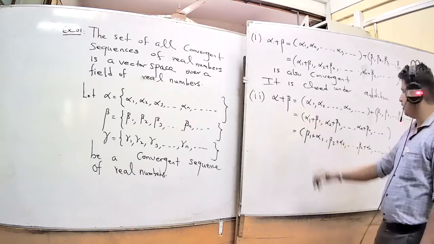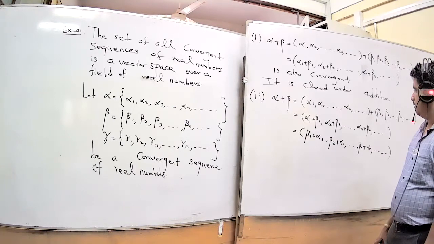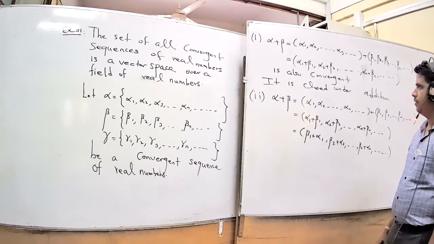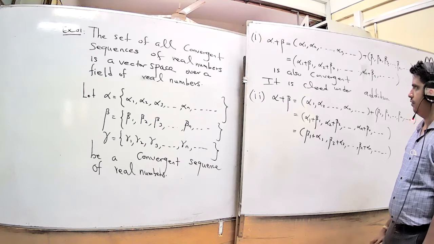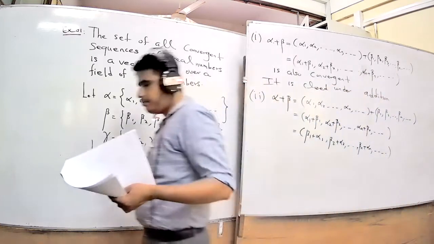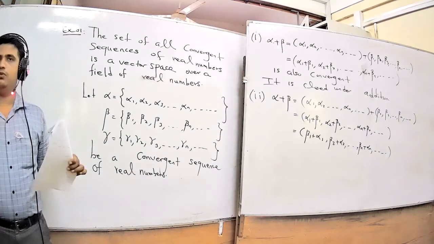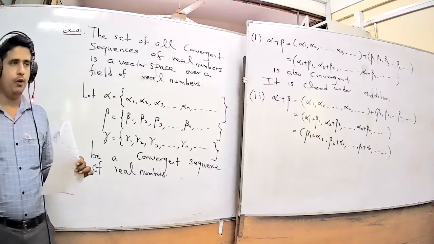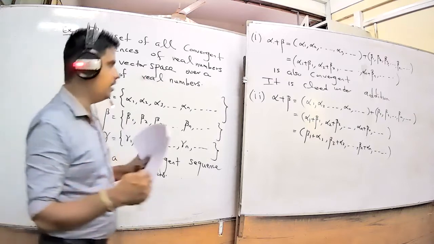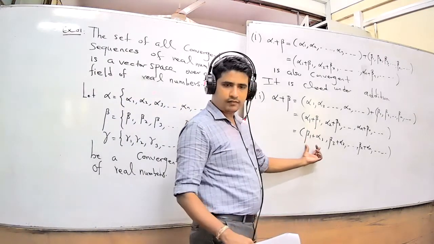Again, the order. Because this is a set of convergent sequences of real numbers, it should satisfy the commutative law. Therefore we can write it like this.